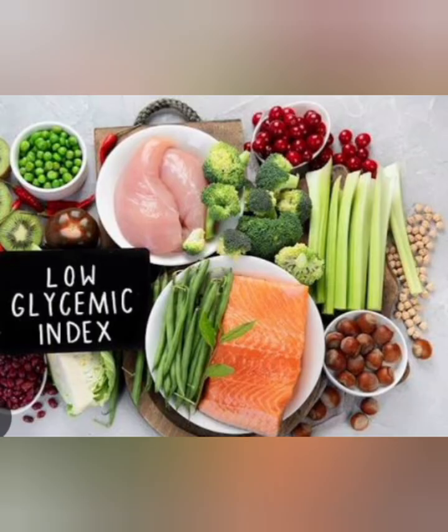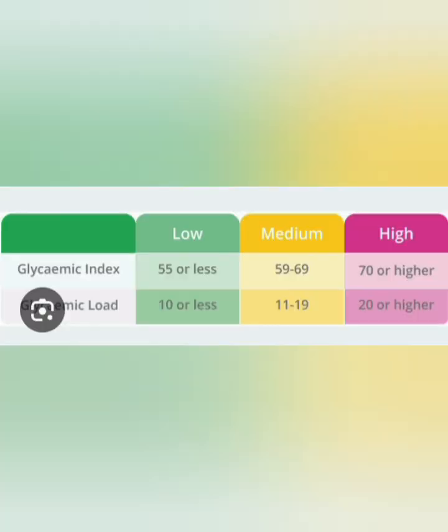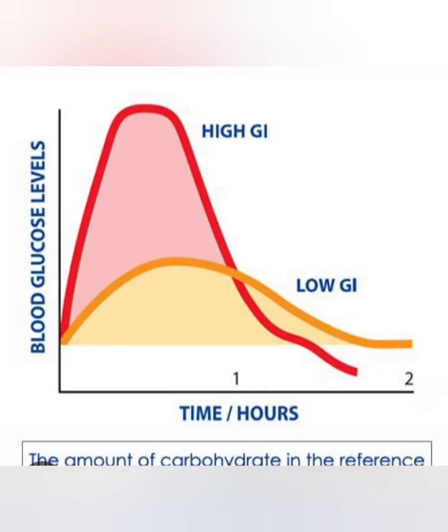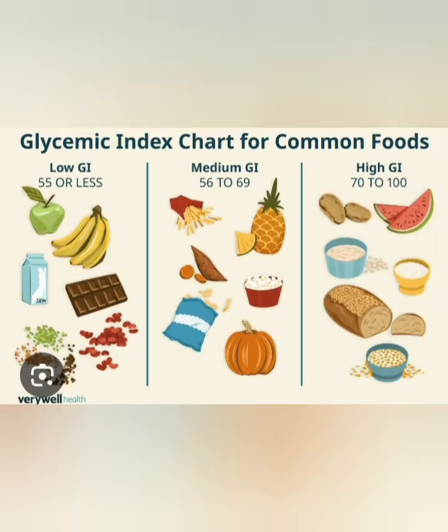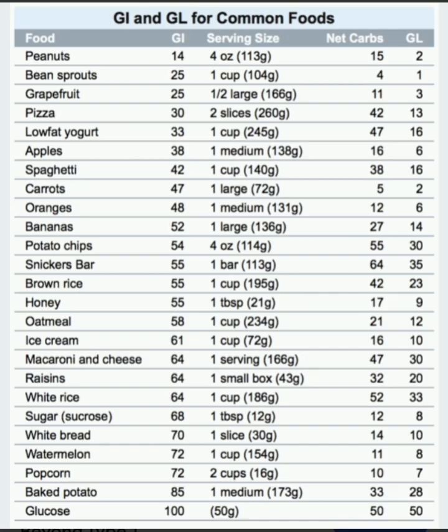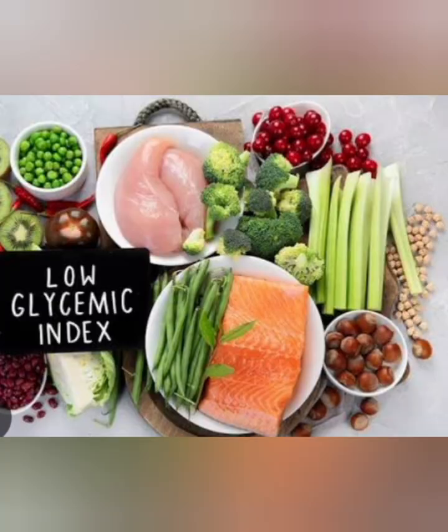Medium glycemic load meals: grilled chicken with quinoa and mixed vegetables, whole grain pasta with marinara sauce and vegetables, brown rice with chicken and mixed vegetables. High glycemic load meals: large serving of white rice with fried chicken and sugary sauce, pasta with white sauce and garlic bread, breakfast cereal with milk and banana.